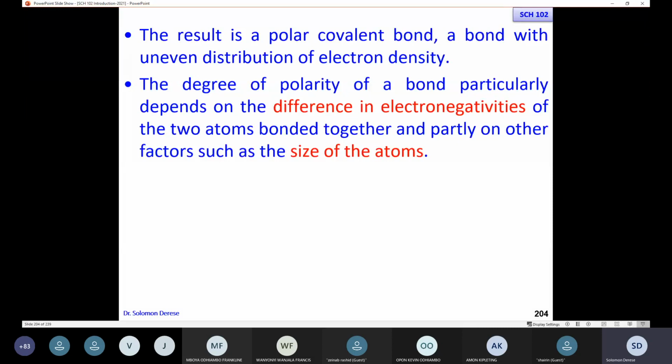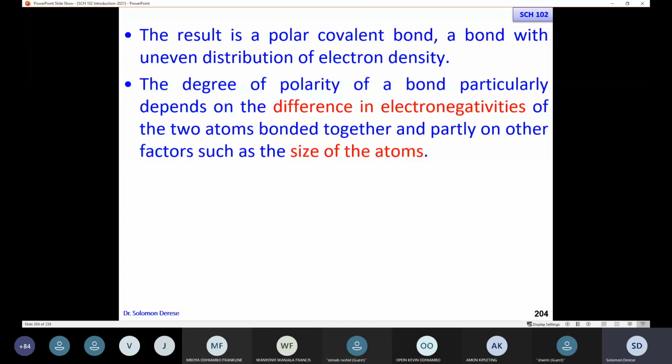But the most important thing I want you to know is that the degree of polarization of a bond depends on differences in electronegativities. The larger the difference between the electronegativity of the atoms involved in the covalent bonding, the more polar or polarized the molecule is. The other factor is the size of the atoms.